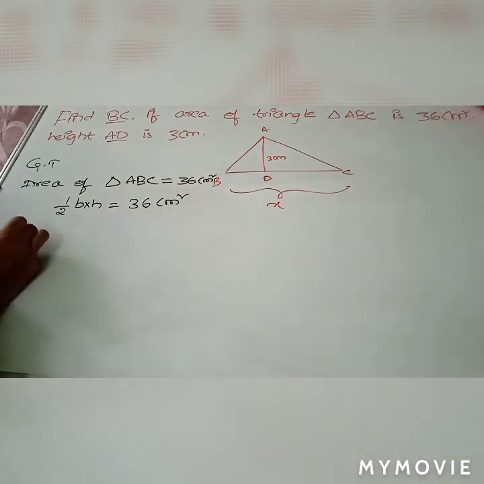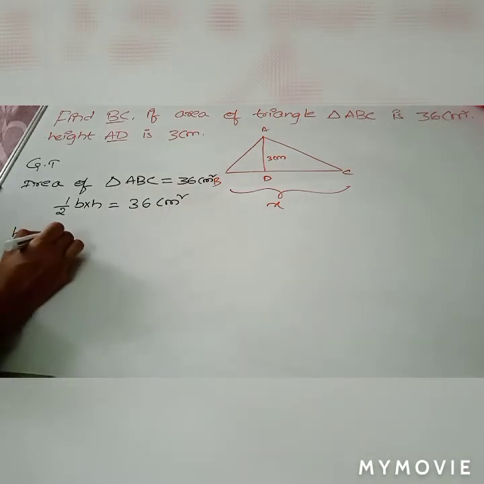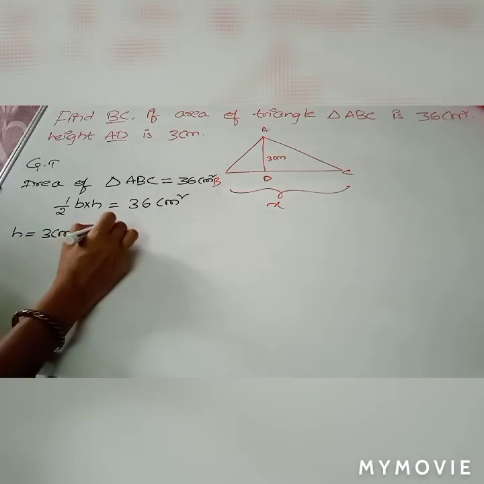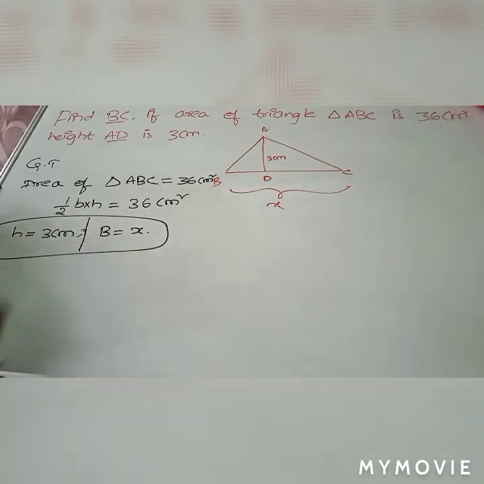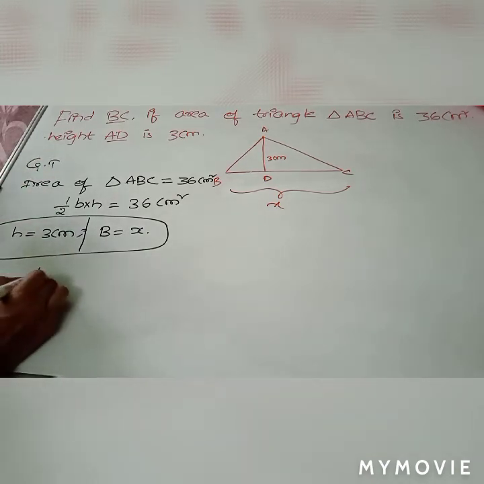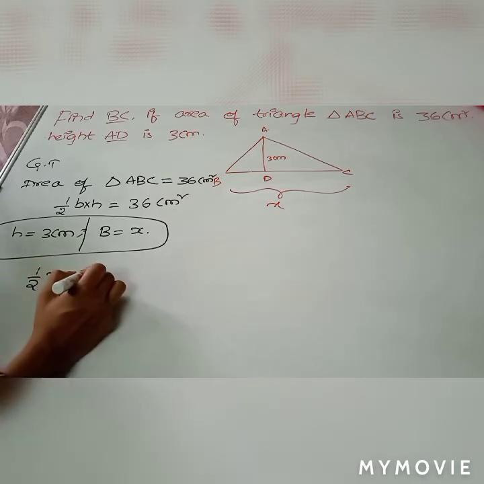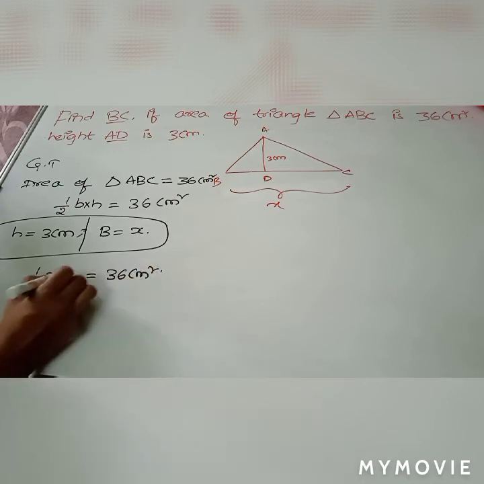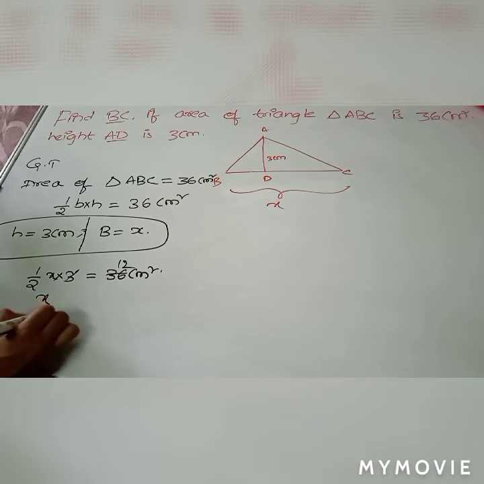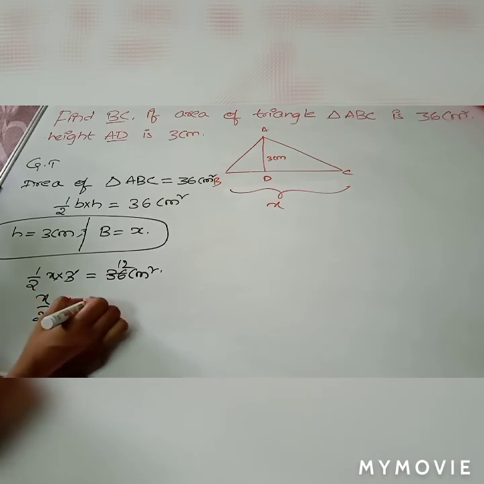Height AD is equal to 3 centimeters, and we have to find base BC, say as x. Now substitute these values in the formula. Half into base, which is x, into height, 3 centimeters, is equal to 36. Cancel, 3 ones, 3 twos. Now x by 2 is equal to 12.